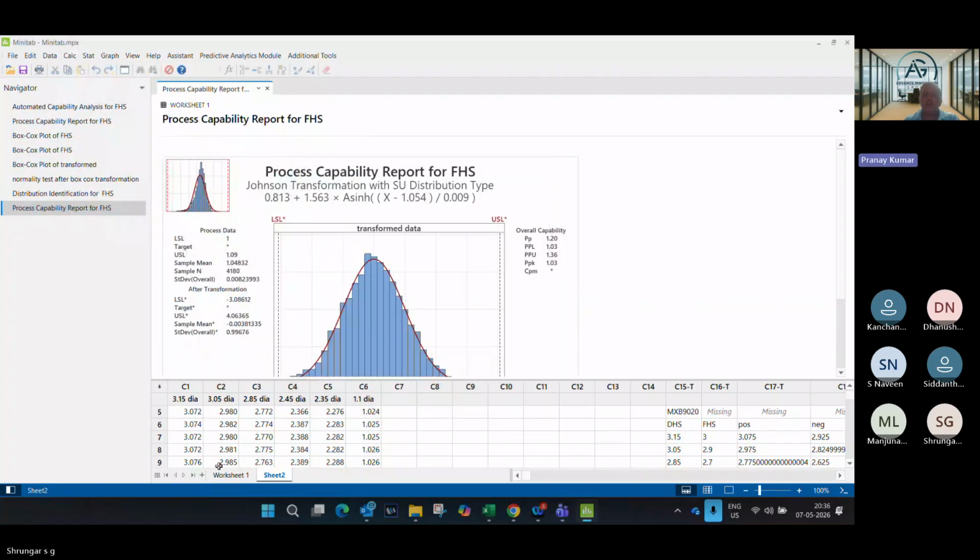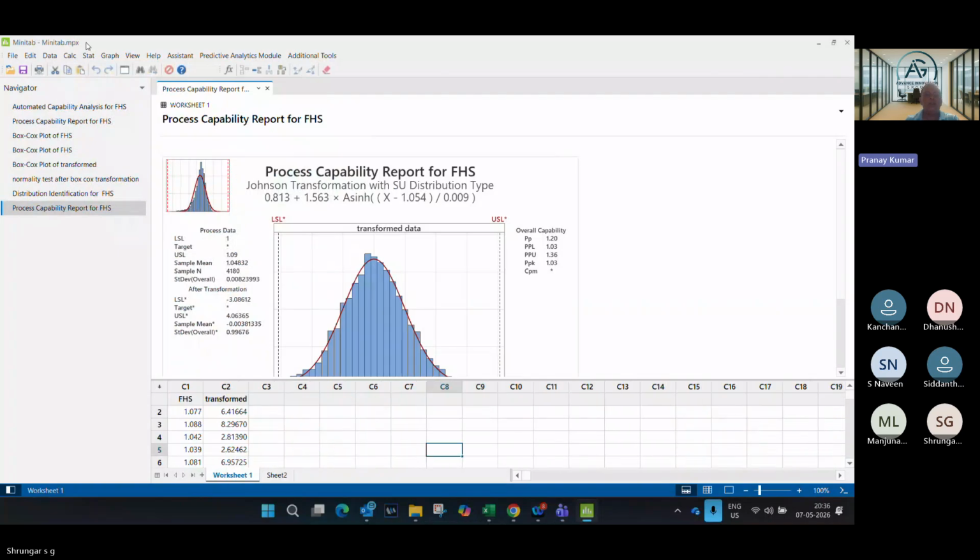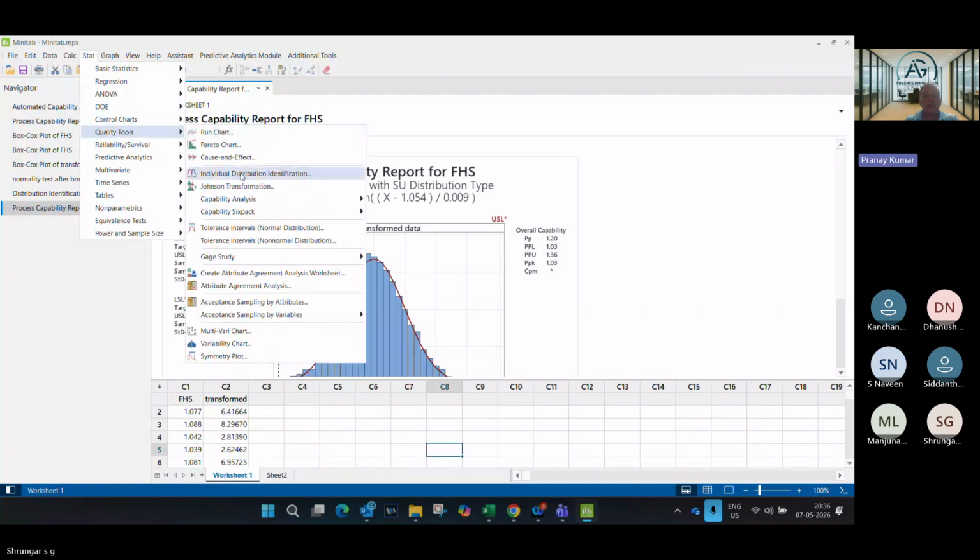Don't do this. Simply go to stats, quality tools, capability analysis, normal.